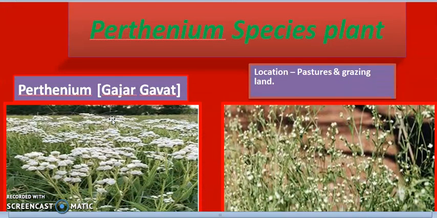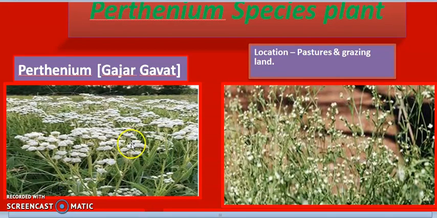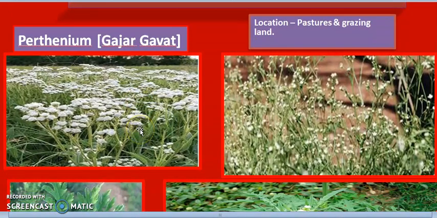Then we see the Parthenium species, locally known as Gajar Gavat. It occurs in pasture and grazing lands, roadsides, wasteland, and sometimes it also appears on the bunds of fields.